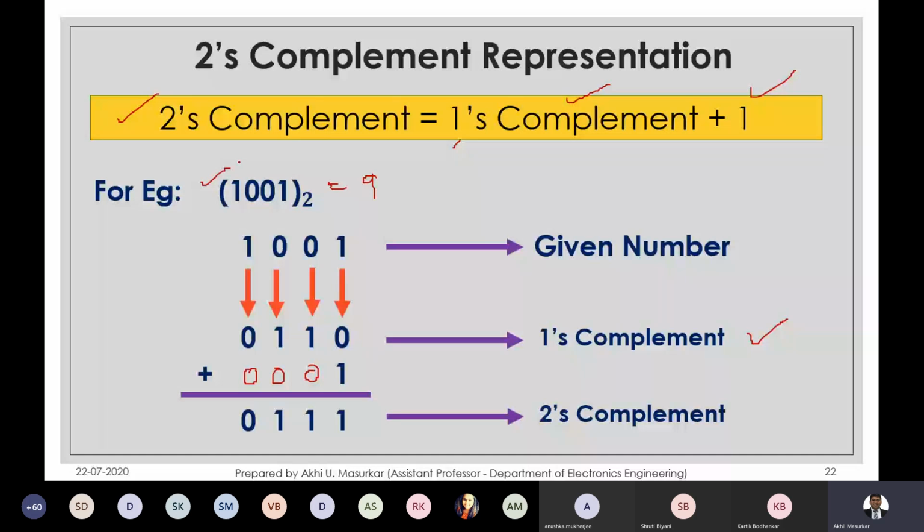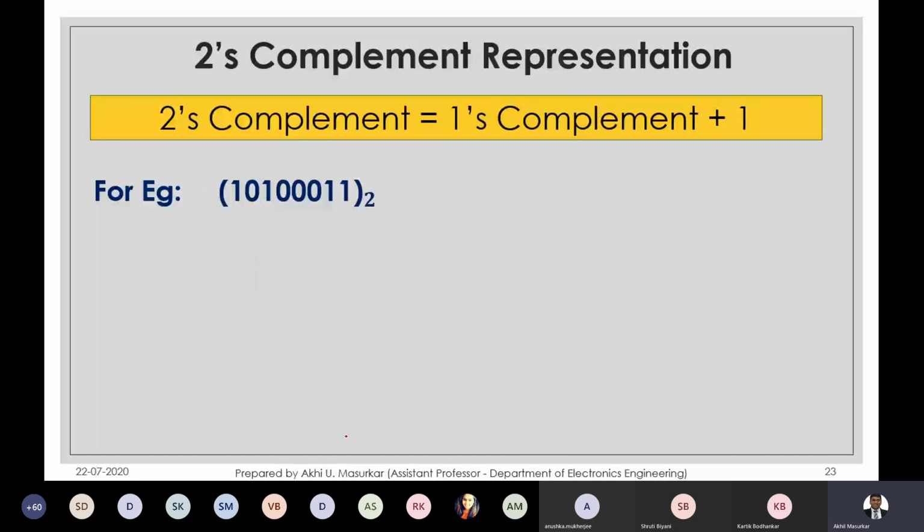Okay, some more examples. Can you all find out the 2's complement of this number?